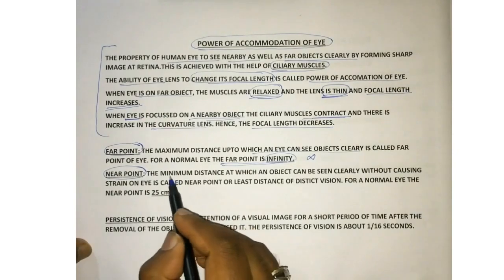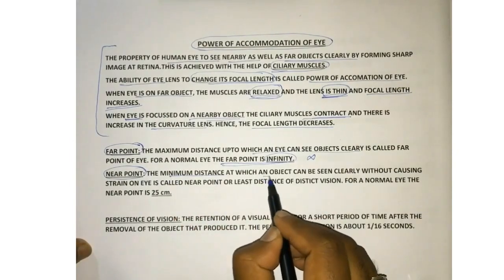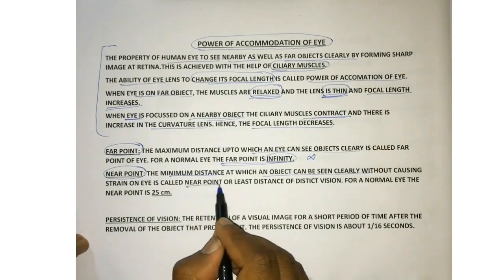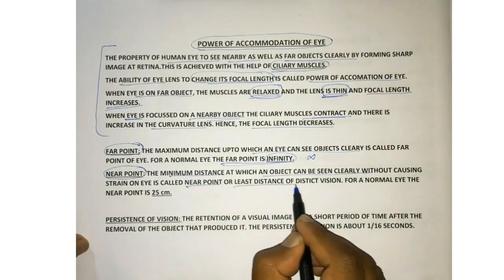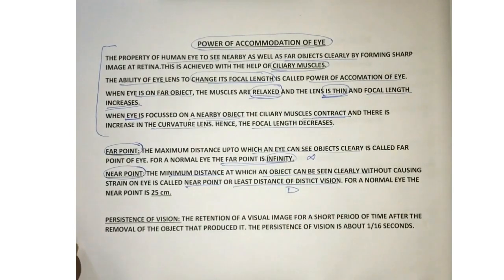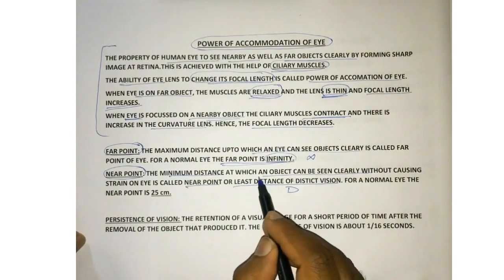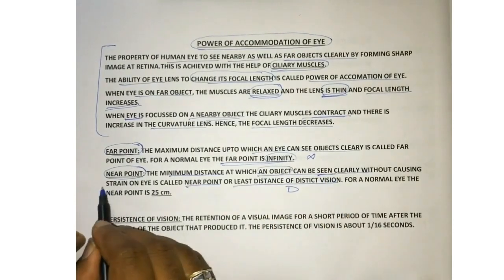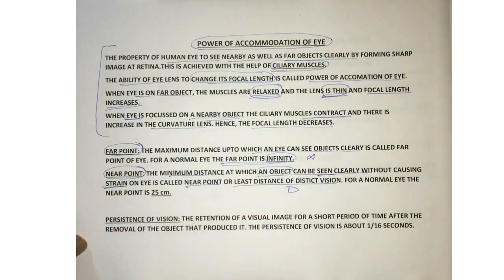Clear? And what about near point? Near point is the least distance at which an object can be seen clearly without causing any strain on the eye. That is known as near point, or the least distance of distinct vision, denoted by D. I am repeating again: it is the minimum distance at which an object can be seen clearly without strain.